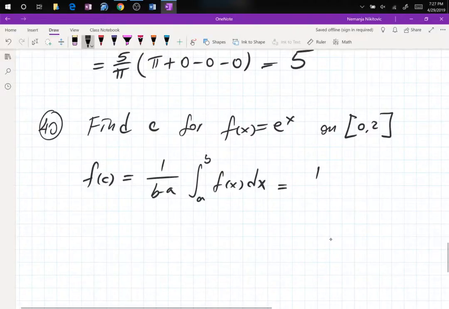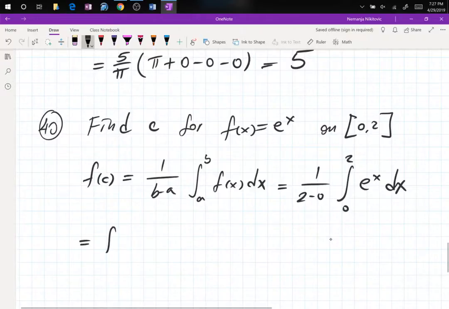So this is 1 over 2 minus 0, integral from 0 to 2 of e to the x dx. F of c is equal to 1/2 e to the x computed from 0 to 2.